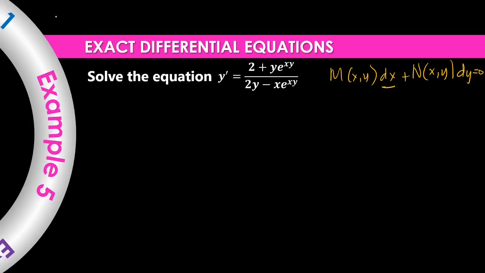So, yun yung M dx ko. So, I have 2 plus y e to the xy dx equals, ito yung dy na matitira dito, multiply ko lang dito, yun na yung N dy. So, we will have 2y minus x e to the xy dy.